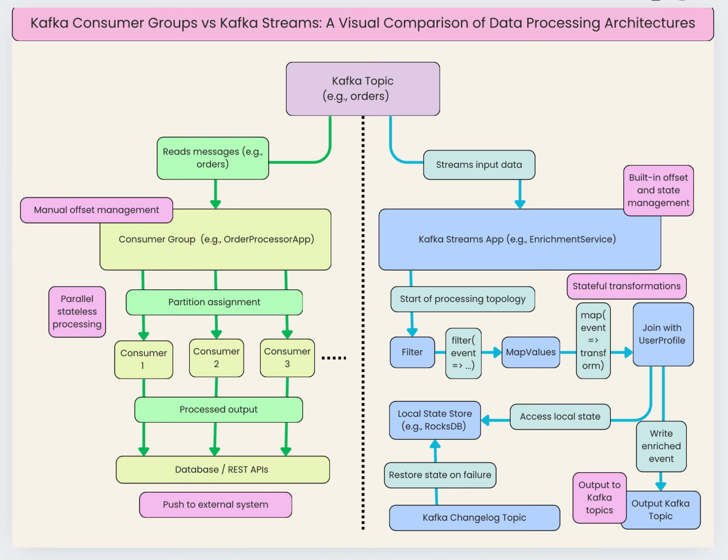Each consumer processes events independently. It might validate them, transform them, or enrich them with external data. The result is typically pushed to an external system, a database, a data warehouse, or a downstream microservice.